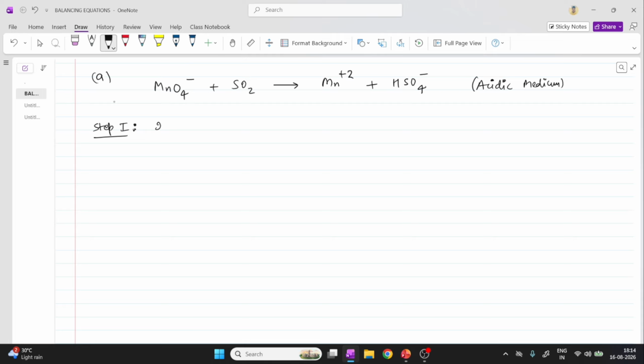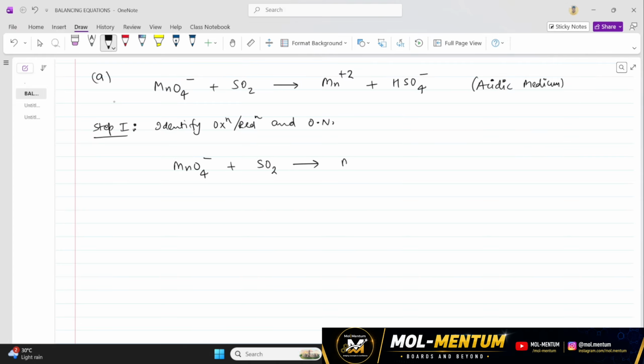So identify oxidation, reduction and oxidation number. Let us quickly find it out. MnO4 minus plus SO2 gives Mn2 plus and HSO4 minus.